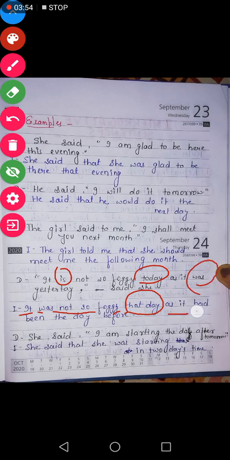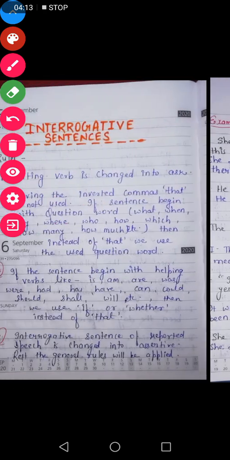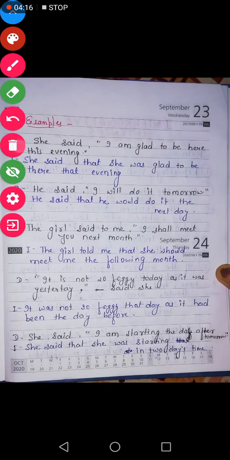"Was" changes into "had been," so as it had been yesterday. "Yesterday" changes into "the day before." So how will this sentence be written in indirect speech? The sentence will begin with "She said that," and then you will write the rest of the sentence: it was not so foggy that day as it had been the day before.